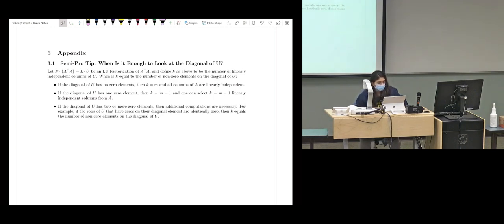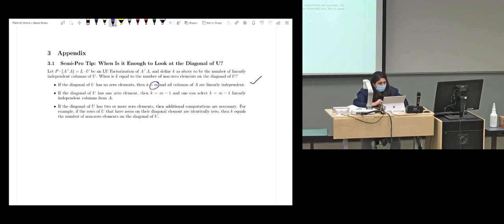So we check this for linearly independent columns. When all the columns of A are linearly independent, we look at U and we get none of the elements on the diagonal to be zeros. And then we say, okay, all of the columns are linearly independent. So how many linearly independent columns are there? Well, there are M linearly independent columns in such a situation.